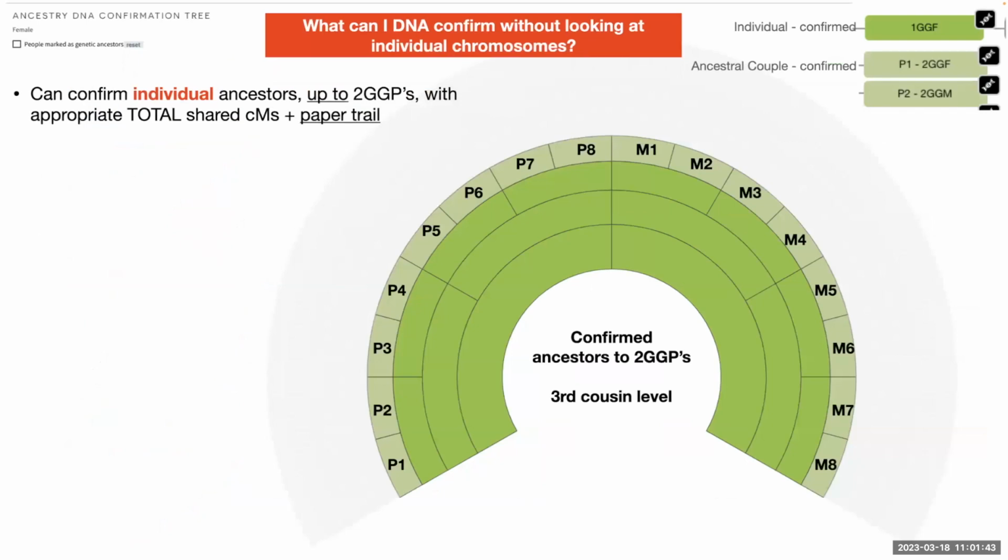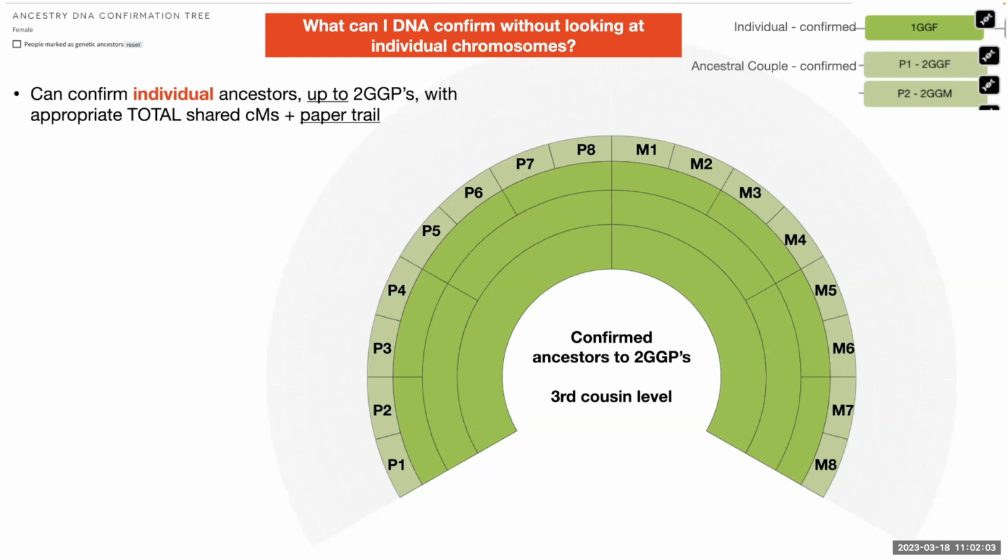And this is a chart that came from DNA Painter, and it gives a bit of an indication about what you can DNA confirm. And again, this is my theory. So the dark green there is about individual ancestors, and the light green is talking about confirming a couple.